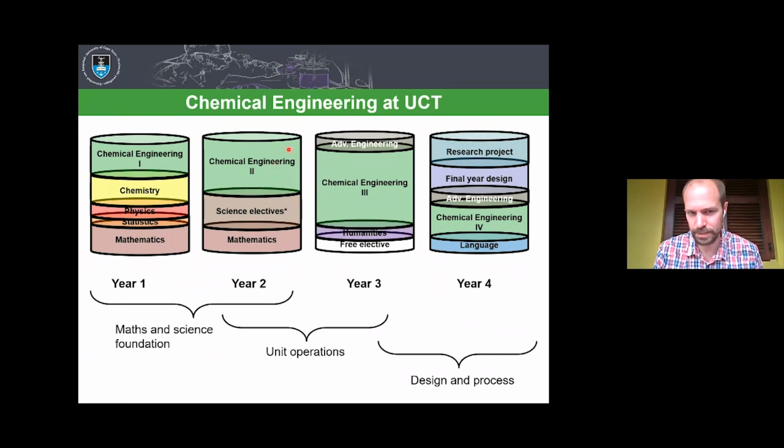Same thing here: you need to pass this to move to third year, and so forth. So there is a minimum amount of credits, firstly just to progress, but also to stay in that trajectory of the chemical engineering courses, because they build on each other.